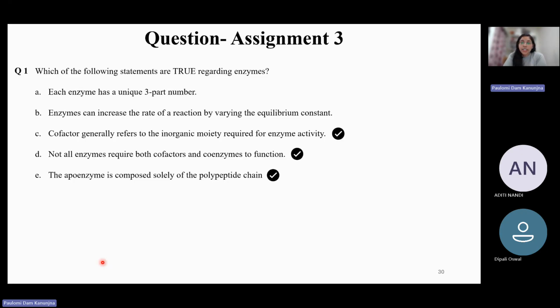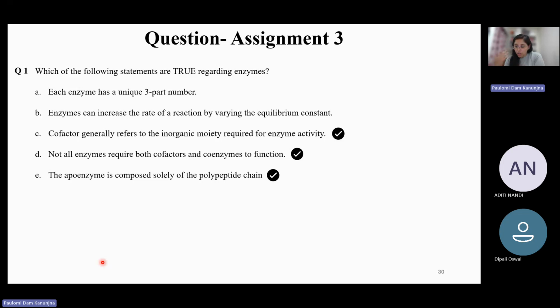So cofactor generally refers to the inorganic moiety required for the enzyme activity. That's the correct statement. So we say Mg2+ or Fe2+, these are the cofactors. So they are the inorganic moiety. And not every enzyme requires a cofactor or a coenzyme. Coenzymes are basically the organic moiety.